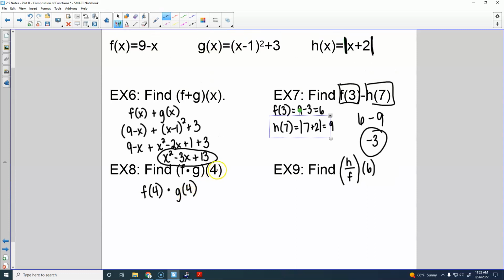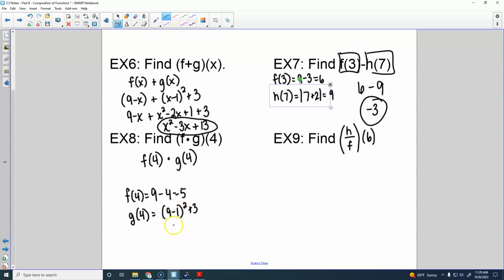So for this one, I can find f of 4, which is 9 minus 4, which is 5. G of 4 would be 9 minus 1 squared plus 3. Oh, I don't know. Let's put a 4 there.